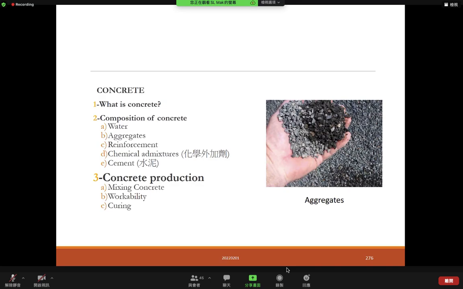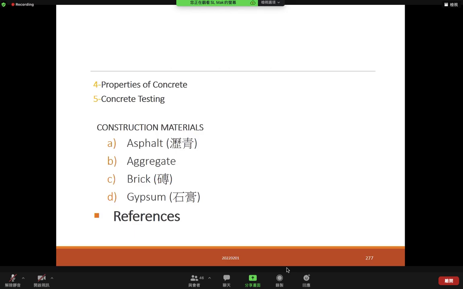Actually, all buildings, bridges, for example walls, are made of concrete, and the composition of concrete involves water, aggregate, reinforcement, chemical admixture, and cement. To make concrete, firstly we mix all raw materials together, and then test the workability, and then curing. Finally, we'll discuss the properties of concrete and concrete testing.